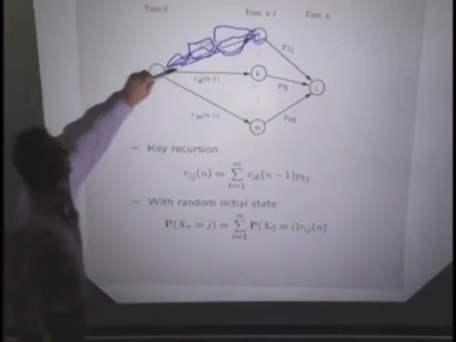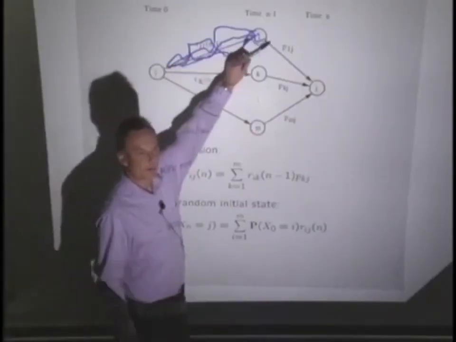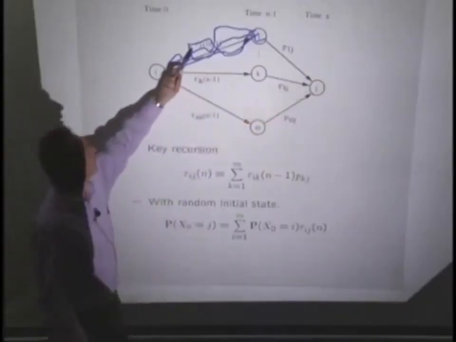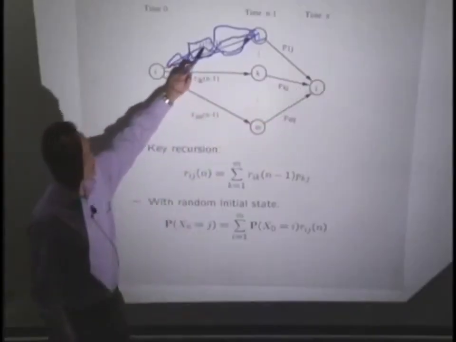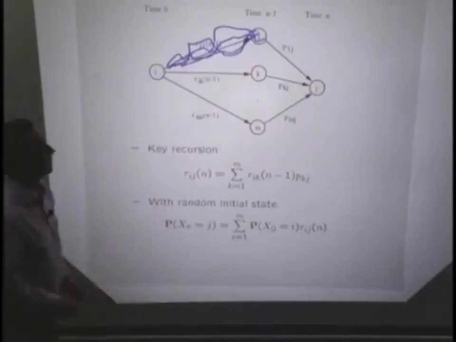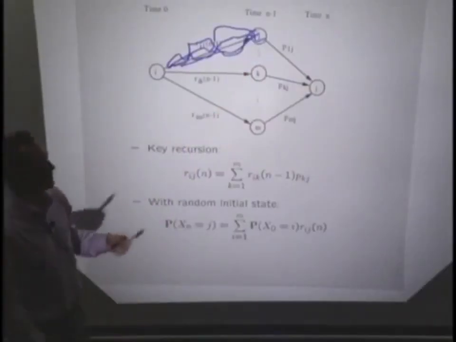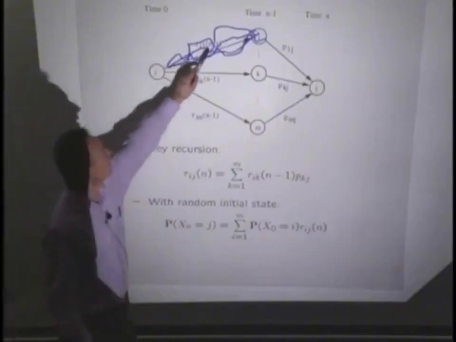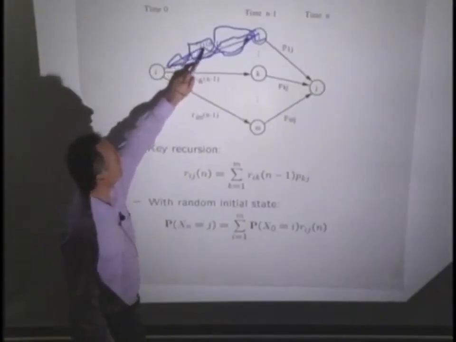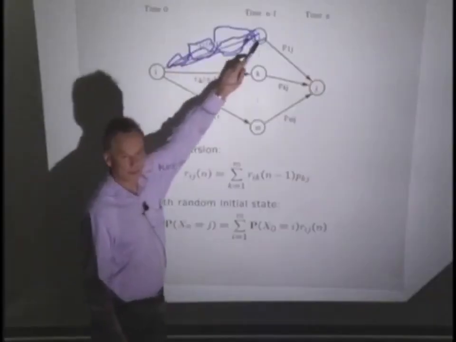If we look at that type of scenario, what's the probability of that scenario happening? With probability r_i1(n-1), I find myself at state 1 at time n-1. This is just by the definition of these multi-step transition probabilities. This is the probability that from state i, in n-1 transitions, I end up at state 1.